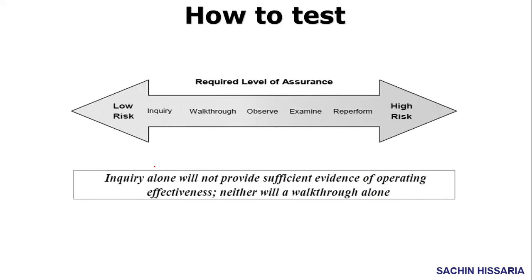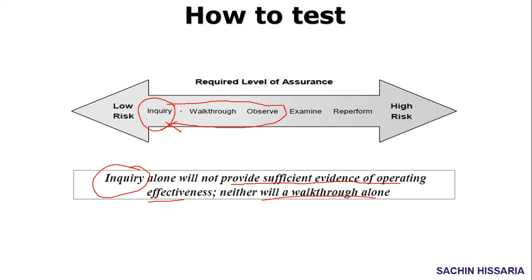Now suppose you only do the inquiry. This inquiry is not sufficient evidence for operating effectiveness, and neither is the walkthrough alone. So the auditor cannot say that I have just inquired about the control. This is not sufficient evidence. So as an auditor, you have to use combined testing techniques.